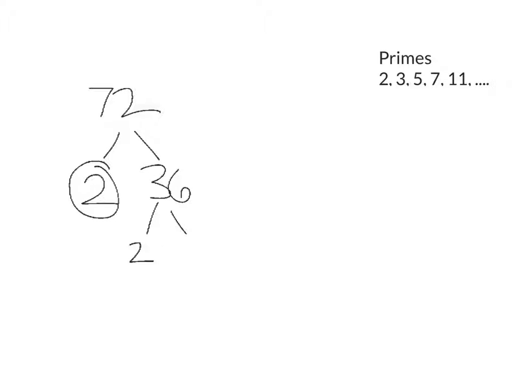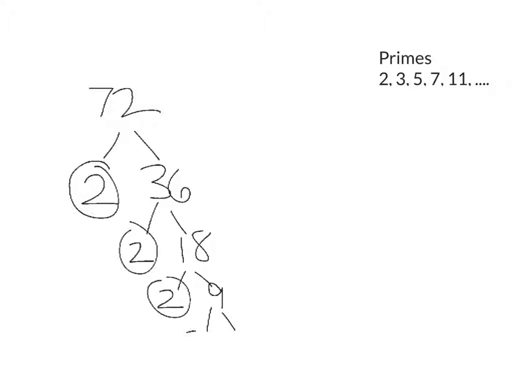So here, if I wanted to break this down, this would be 2 times 36. That's prime. Again, 36, I might know another way of doing it, but I'm just still going to break it down as 2 times 18. Now this is going to be 2 times 9.